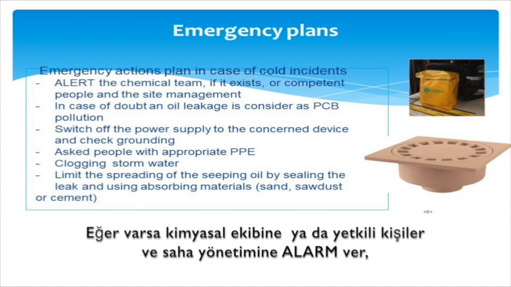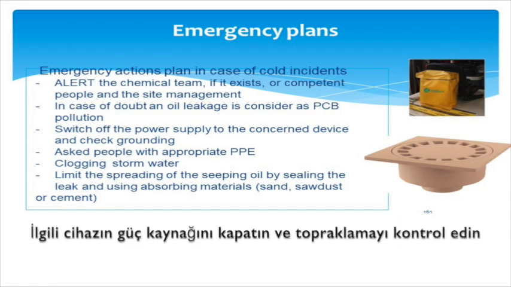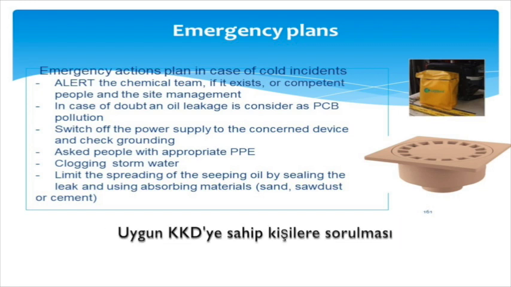First, alert the emergency team if it exists, competent people, and the site management. In case of doubt, an oil leakage is considered as PCB polluted. Switch off the power supply for the concerned device and check grounding.